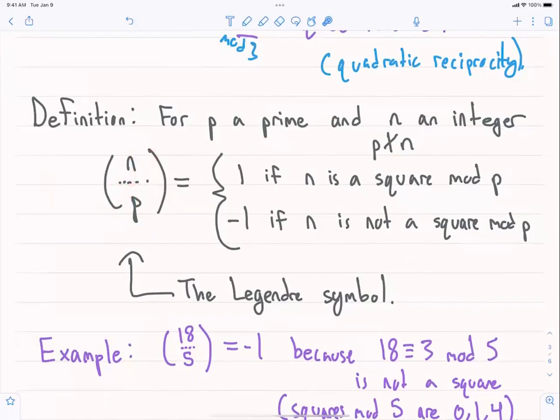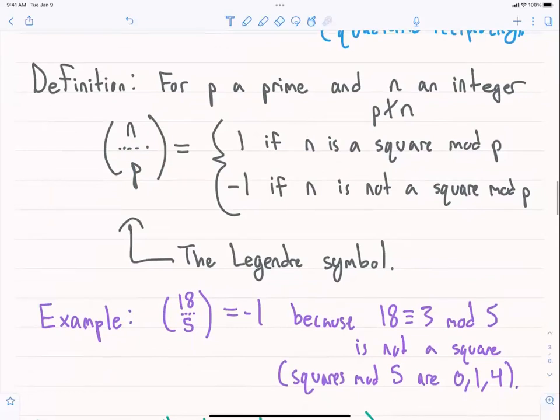The Legendre symbol is defined to be 1 if N is a square mod P, and -1 if N is not a square mod P. So it tells you whether N is a square mod P by whether it's 1 or -1. Encoding it this way lets you express these patterns we observed and some other patterns in a really useful way. So that's why we encode it like this.